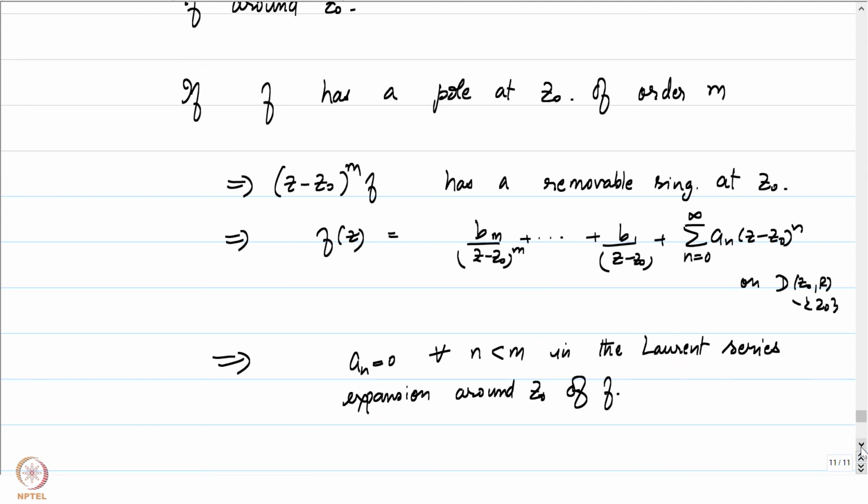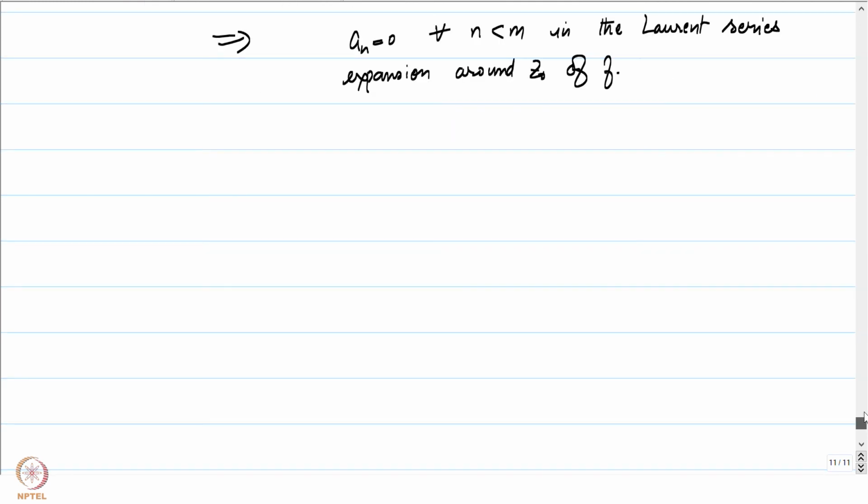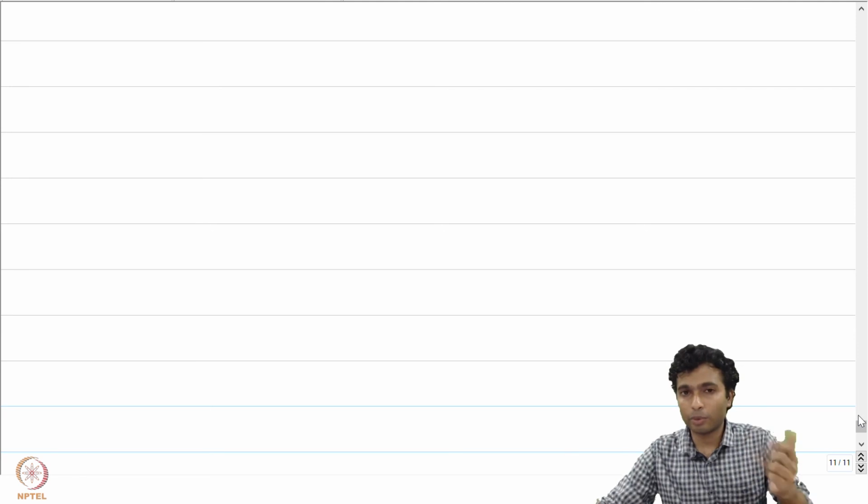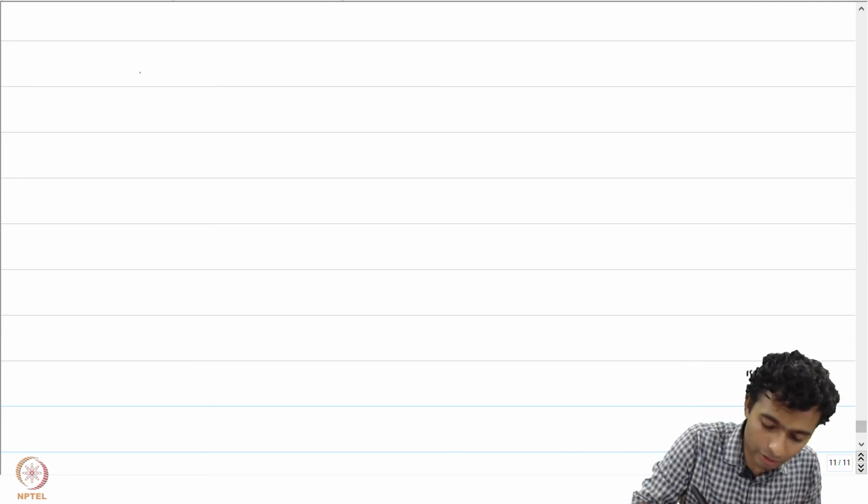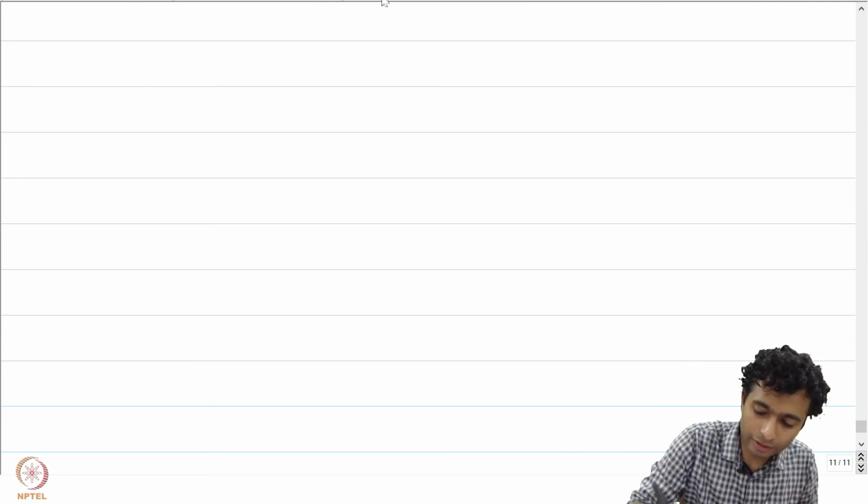If you backtrack these arguments by going along the opposite direction, you will see that if a_n is equal to 0 for n less than minus m, then our function f has a pole of order m. So let me write that down as a proposition as well.